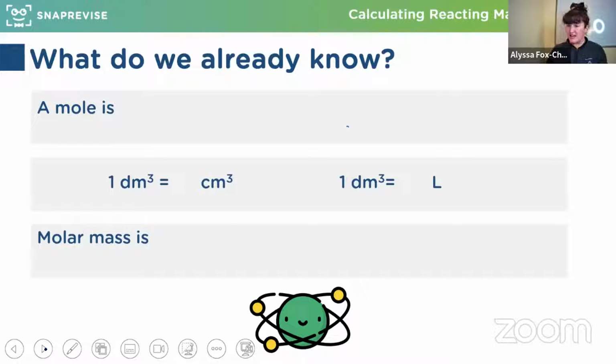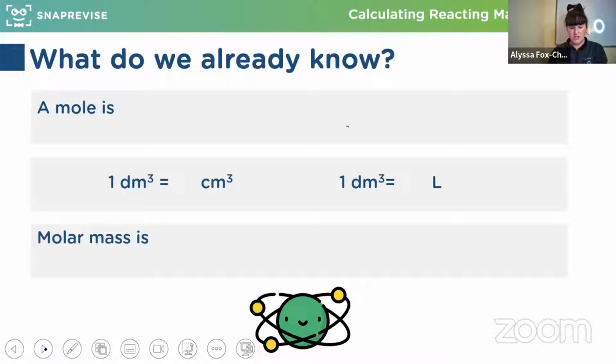Right, so let's see how much we already know. If you do know any of these answers, please pop them in the chat and have a go, because again, the more you put into the session, the more you'll get out of it. The more you engage, the better you'll find this revision. But to begin with, do we know how to define a mole? What is the definition of a mole?